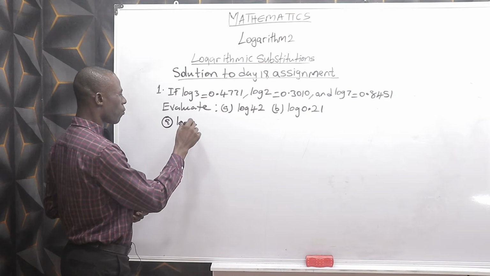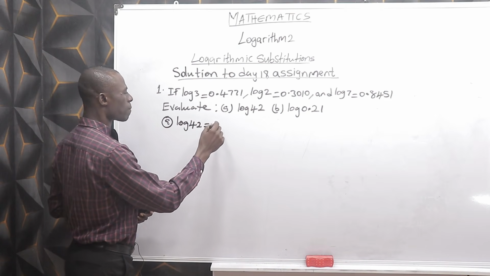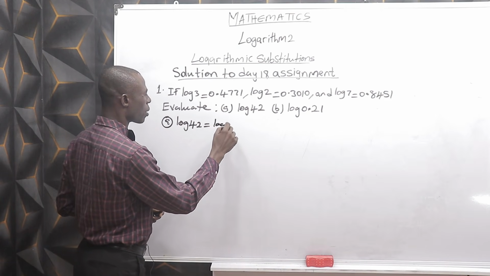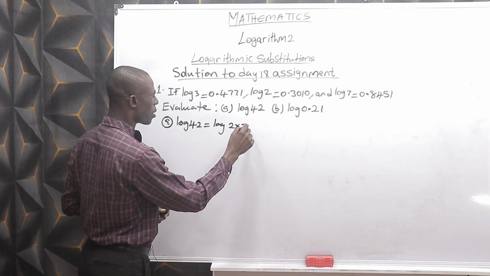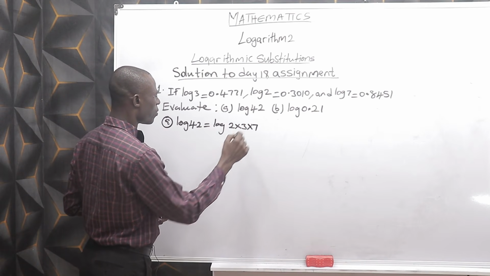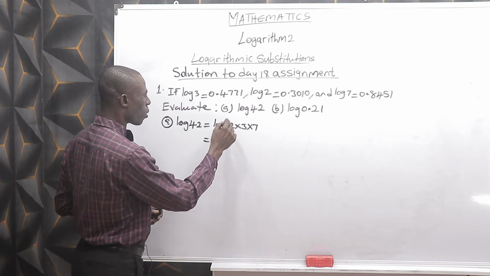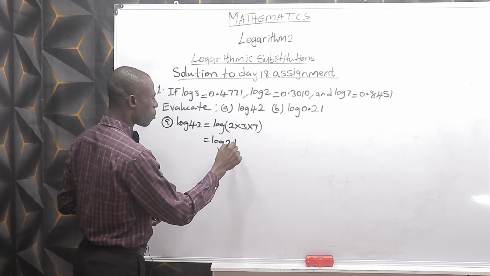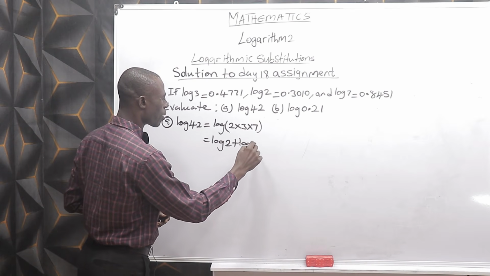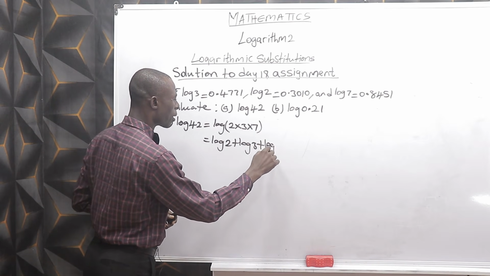Log 42 is log 2 times 3 times 7, which is log 2 plus log 3 plus log 7.